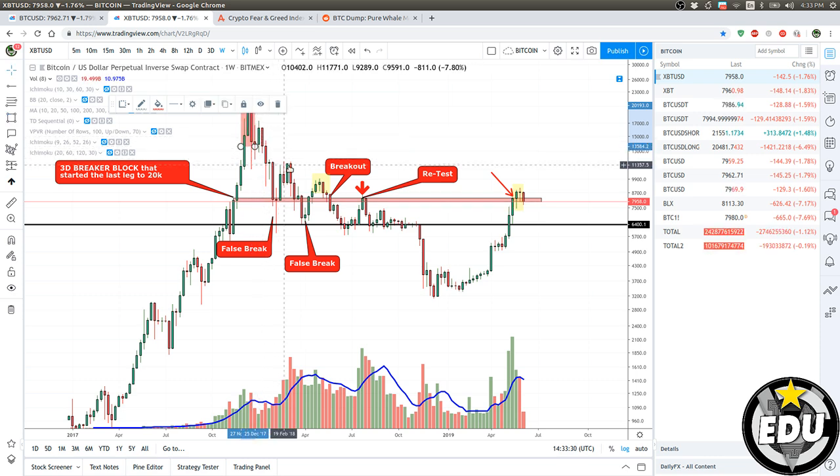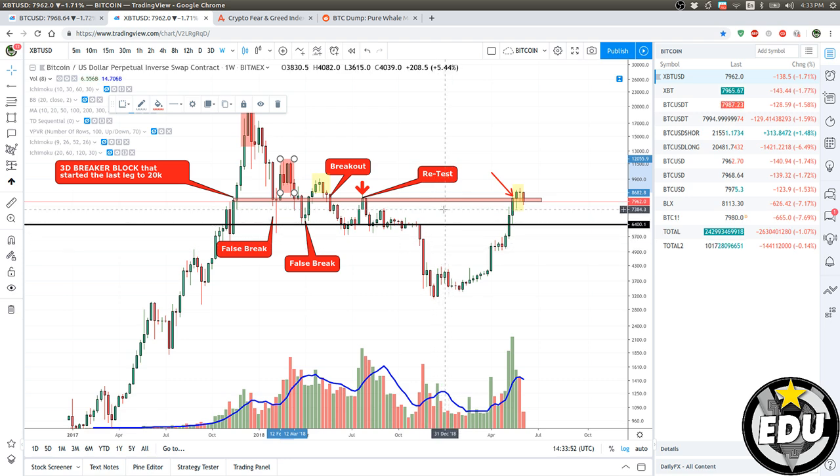Another bearish engulfing, another bearish engulfing here, bearish engulfing there, bearish engulfing there, bearish engulfing here. So on top of every single spike, we had a bearish engulfing, and we were in full seller mode.